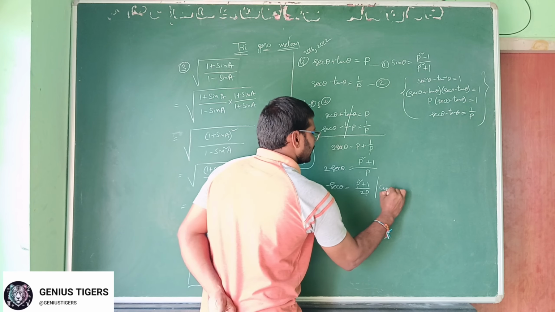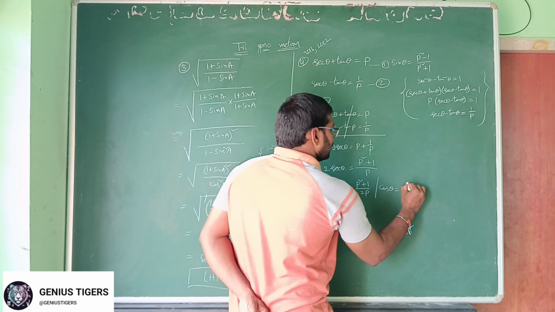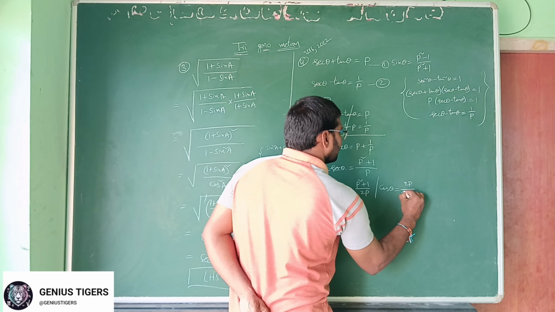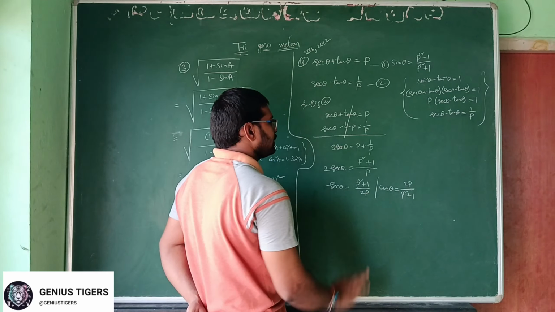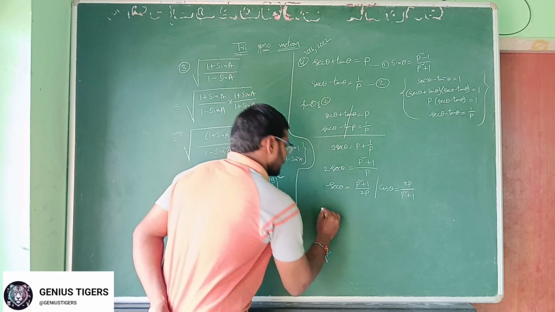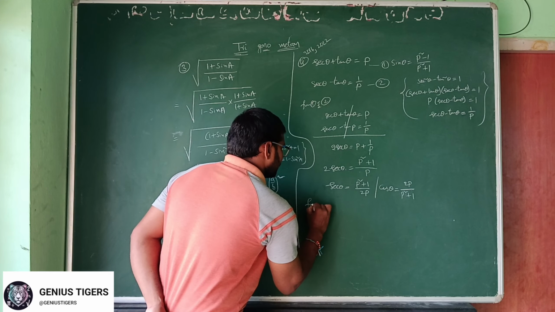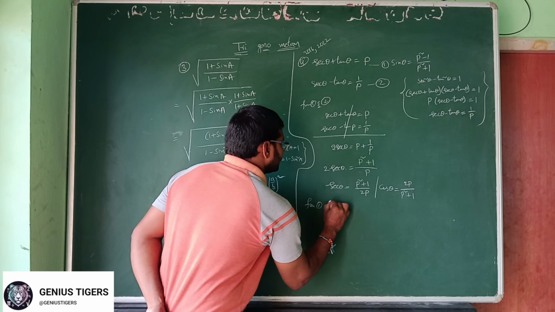And suppose we want cos theta: 2P by (P square plus 1). This is just the reciprocal, so you can keep it like that. Now from 1 and 2, subtraction.